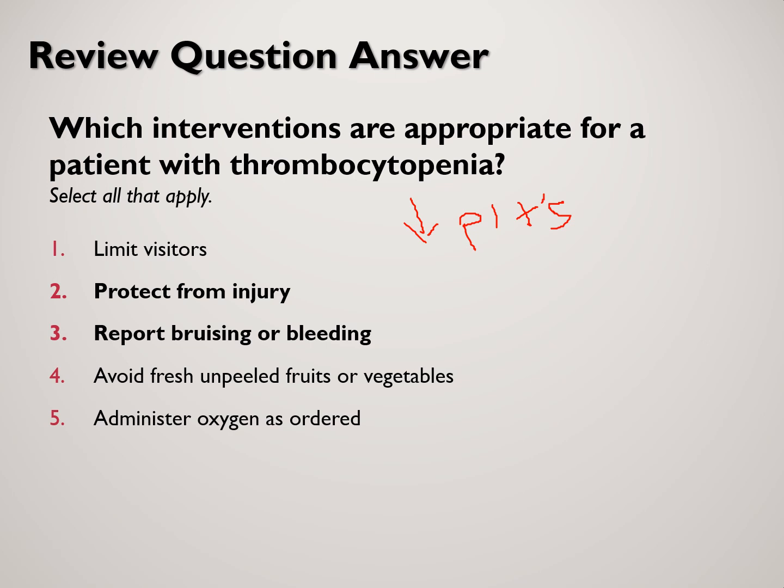So we want to protect from injury because they're at a very high risk for bleeding, and we want to report bruising or bleeding. You're also going to look for things like tarry stools, any signs of internal bleeding.